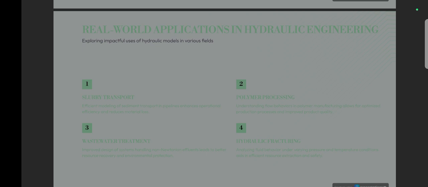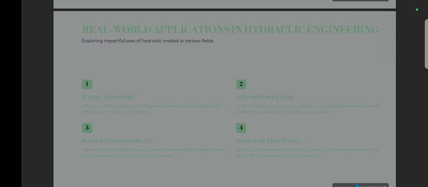Application example: contaminant transport in groundwater. In groundwater systems where contaminants are dispersed irregularly, fractional advection-diffusion models can describe the anomalous spreading of pollutants, improving risk assessments and cleanup strategies for environmental protection.